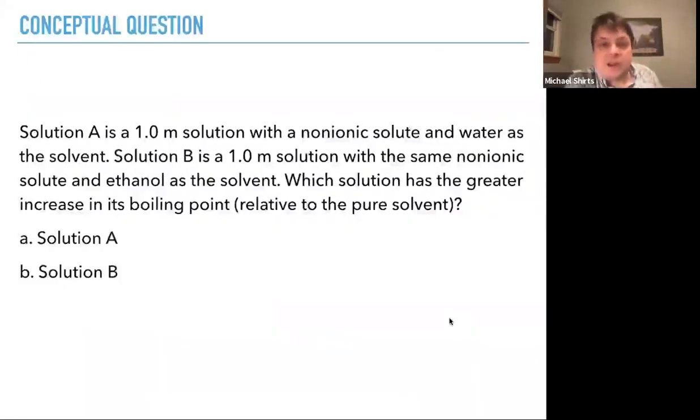So, a conceptual question now. Solution A is a 1 molal solution with a non-ionic solute and water as the solvent. Solution B is a 1.0 molal solution, sorry, I slipped, with the same non-ionic solute and ethanol as the solvent. Which solution has the greater increase in the boiling point relative to the pure solvent?